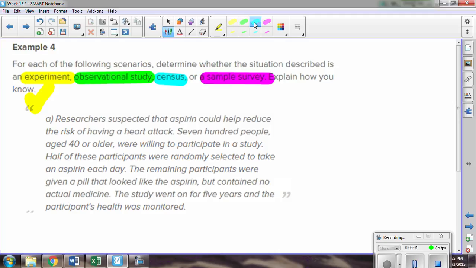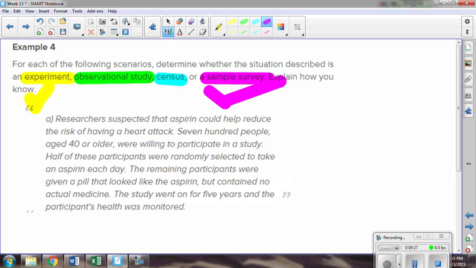A survey is only part of the group. Well, did they give aspirin or a placebo medicine to everybody who's 40 or older, or only part of the group of people 40 or older? Only part of them, so this is a sample. Oh, this is a sample survey.